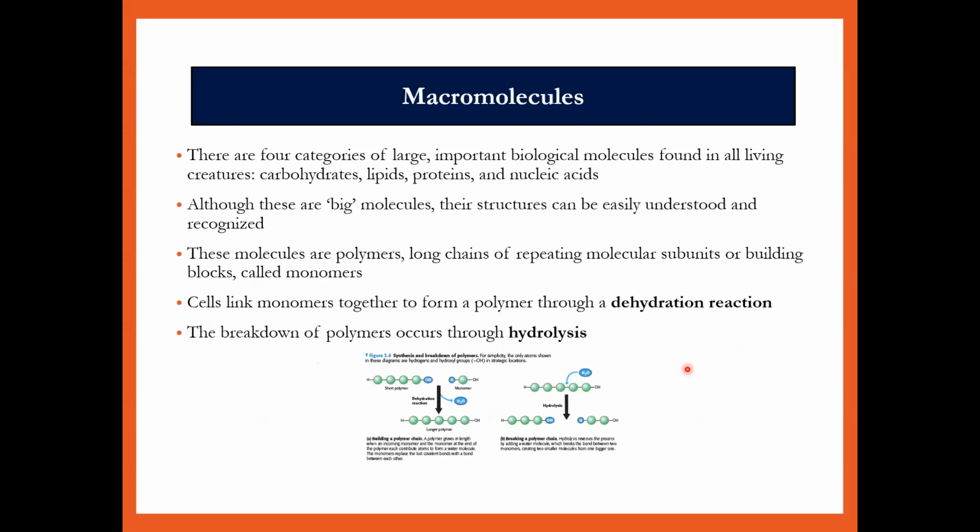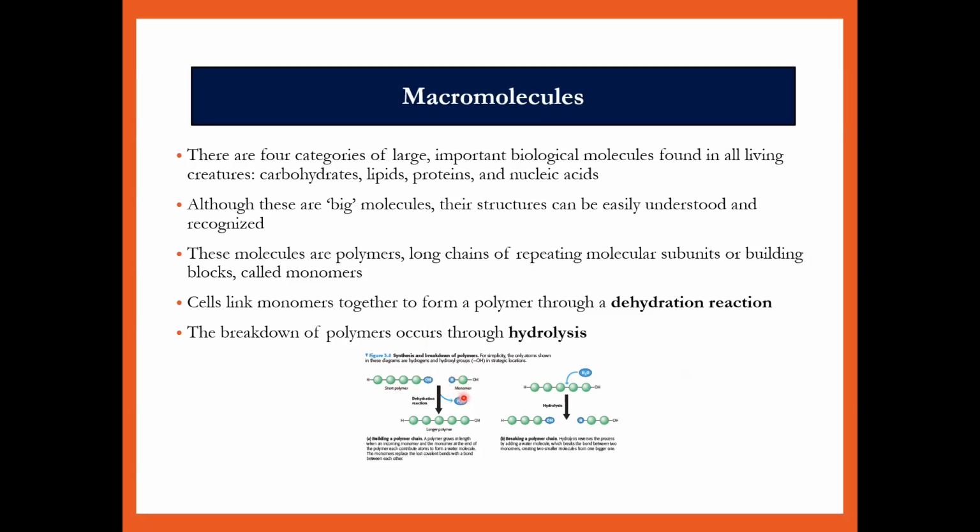So the next thing I want to talk about is how to form these disaccharides or polymers, polysaccharides. So essentially you could have a short polymer or two monomers coming together, and when they come together, this monomer will lose its hydrogen. This monomer or polymer in this example will lose its hydroxyl group.